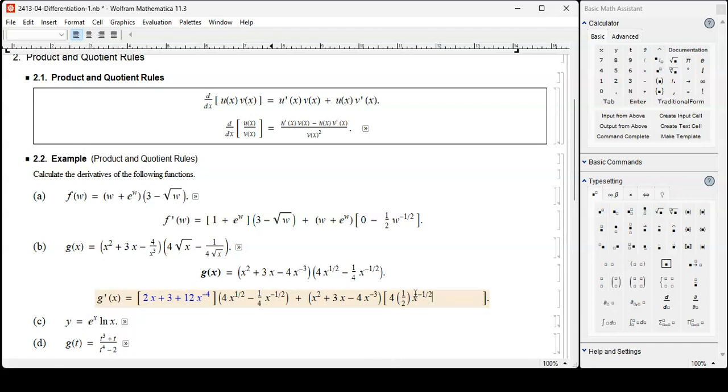And what is this? 4 times 1/2 is 2. And 1/4 is there. And then multiply by -1/2. And then x to the, subtracting 1 from the power, -3/2 power. Let's see. -1/4, -1/2. So we're going to get positive 1/8. And that's the derivative of the second function here.